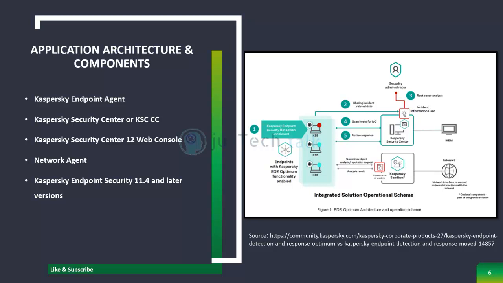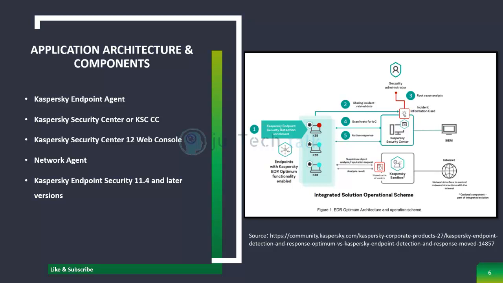solution. When I say EPP, I'm referring to Endpoint Protection Platform. So any Kaspersky Endpoint Security for Windows application, for example, Kaspersky Endpoint Security 11.4 or 11.6, comes along with the EPP Agent, and it is the main and major component of EDR.